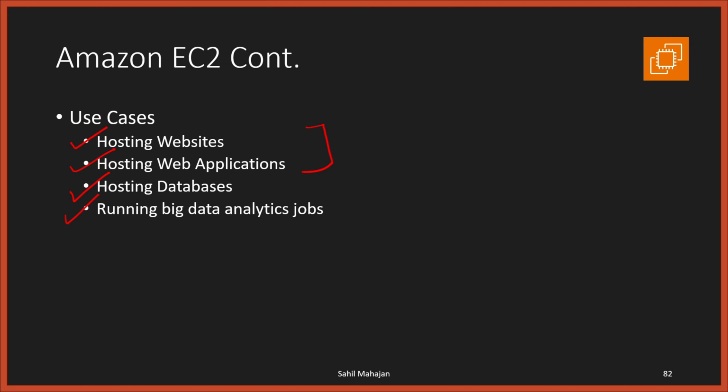You can also host databases. For example, you want to host a SQL database, right? You can host a database on an EC2 instance. And if you have some business logic where you want to run some analytics, something related to big data, for example, you can run those big data workloads on an EC2 instance. So these are a couple of use cases that we have for EC2 instances.